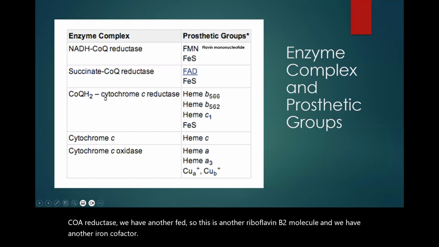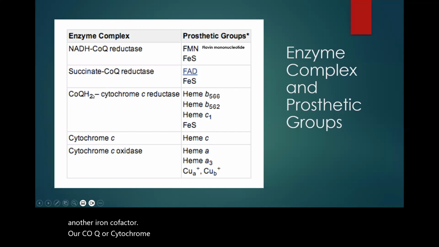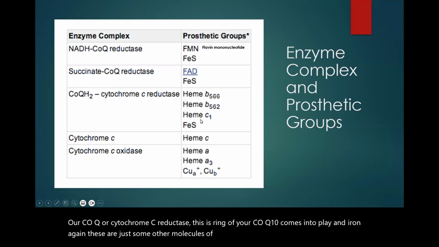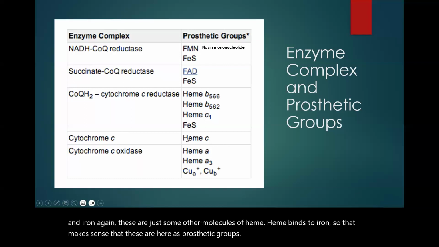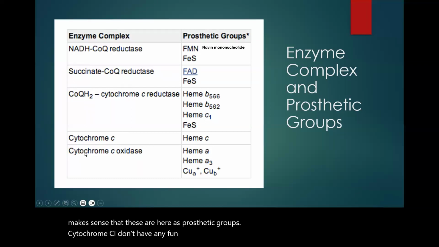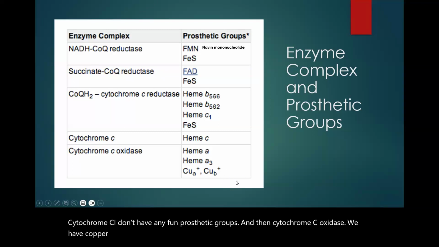Our CoQ cytochrome C reductase, this is where your CoQ10 comes into play, and iron again. These are just other molecules of heme. Heme binds to iron, so it makes sense that these are here as prosthetic groups. Cytochrome C, I don't have any fun prosthetic groups. And then cytochrome C oxidase, we have copper. We haven't seen copper before, so this is a unique one.